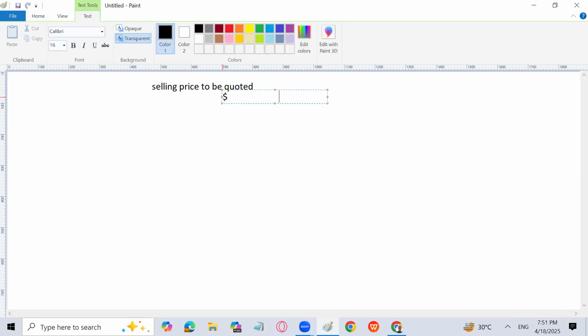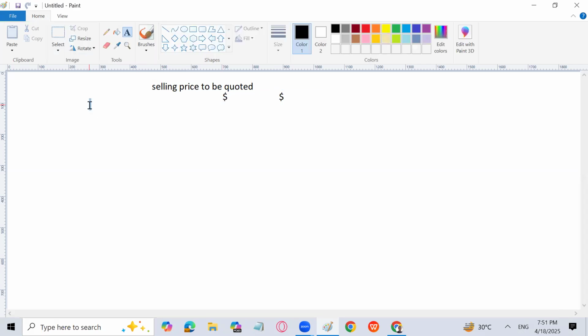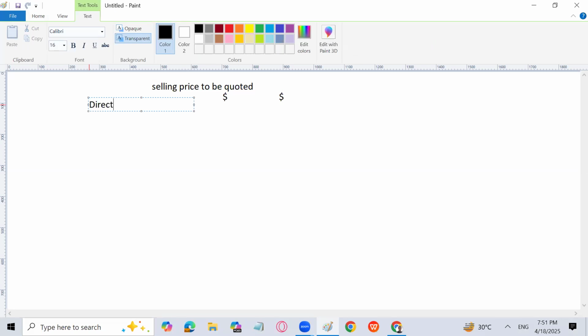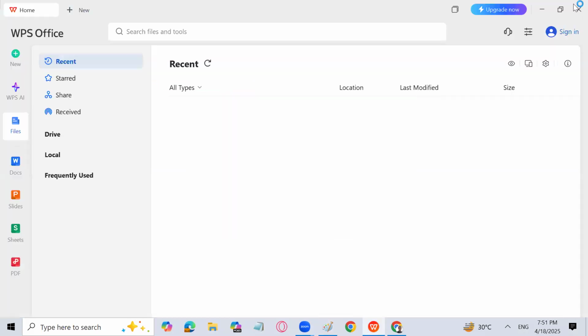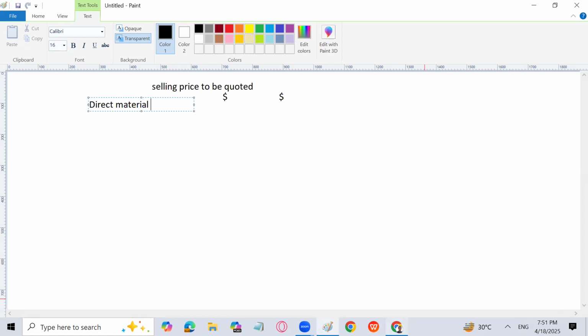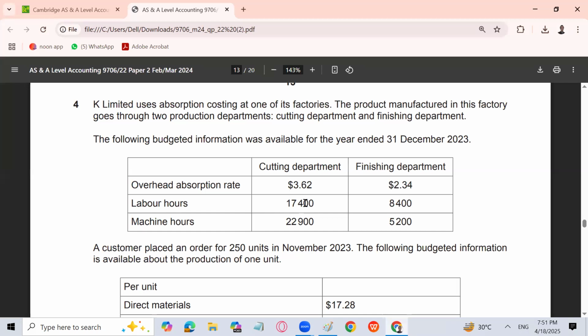First, we'll find the total cost. For that, I have to find the direct material cost. I will go on a per unit basis, then multiply the total cost by the units. The units produced and sold are given in the question, that is 250 units.